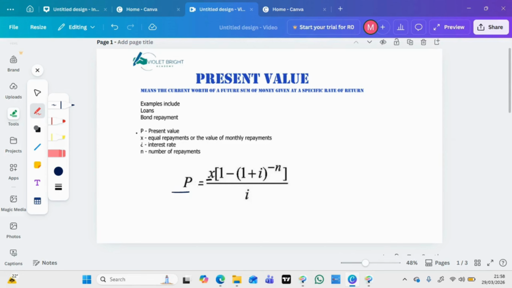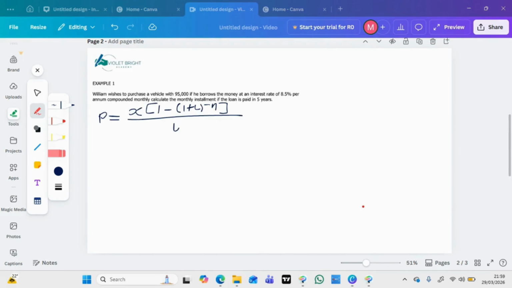Now let's tackle one example so that you can understand better how we deal with these questions that come under present value. Example number one: William wishes to purchase a vehicle with 95,000 rands.